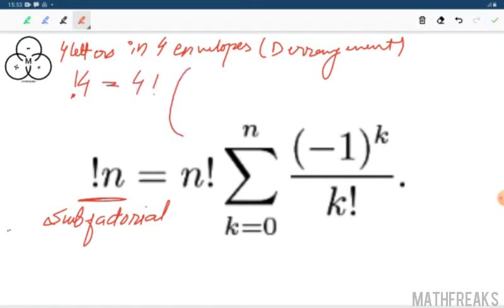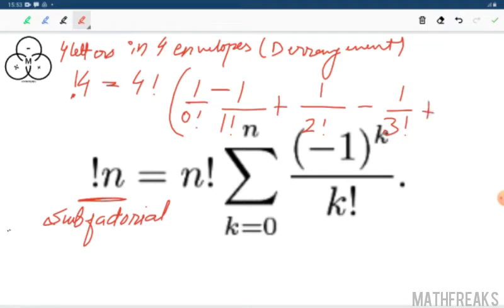4 factorial multiplied by, first of all we start from k equals 0: 1 over 0 factorial, which is just 1. Then minus 1 over 1 factorial, plus 1 over 2 factorial, minus 1 over 3 factorial, plus 1 over 4 factorial.